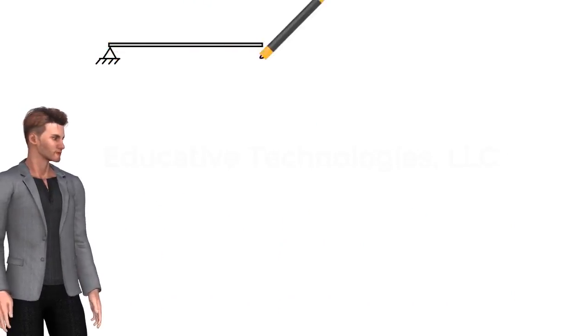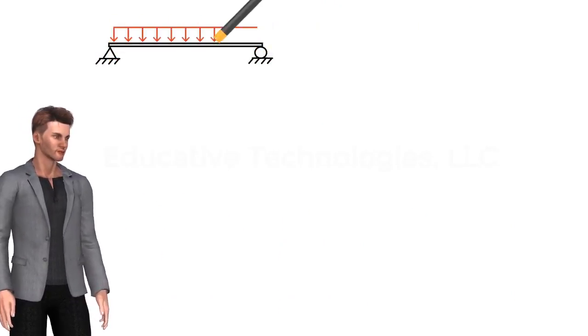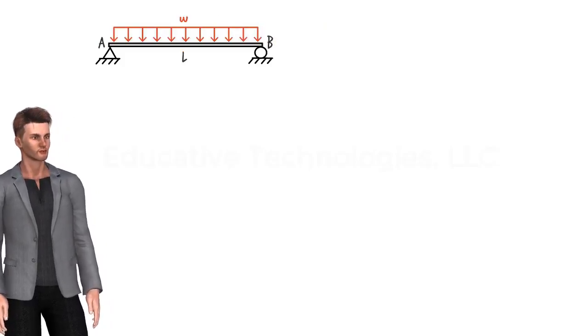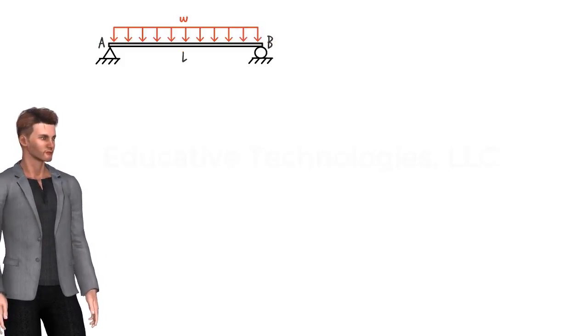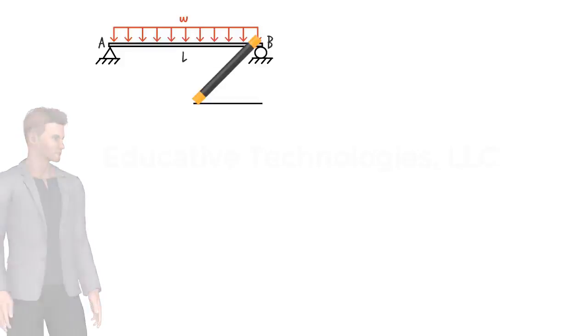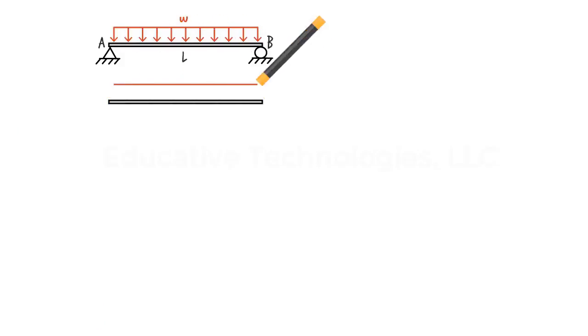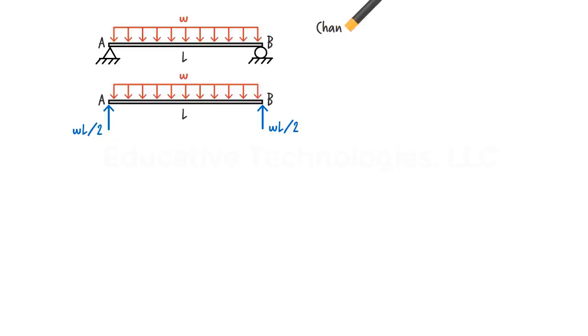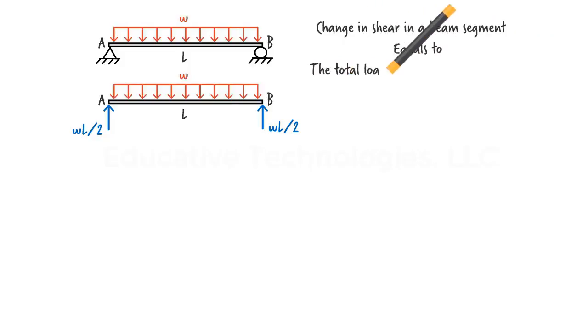Suppose we wish to construct shear and moment diagrams for a simply supported beam subjected to a uniformly distributed load. Observe that the beam has two upward reactions, each having a magnitude of WL/2. The basic fact that enables us to draw the shear diagram directly from the load diagram is this: the change in shear in a beam segment is equal to the total load applied to the segment.